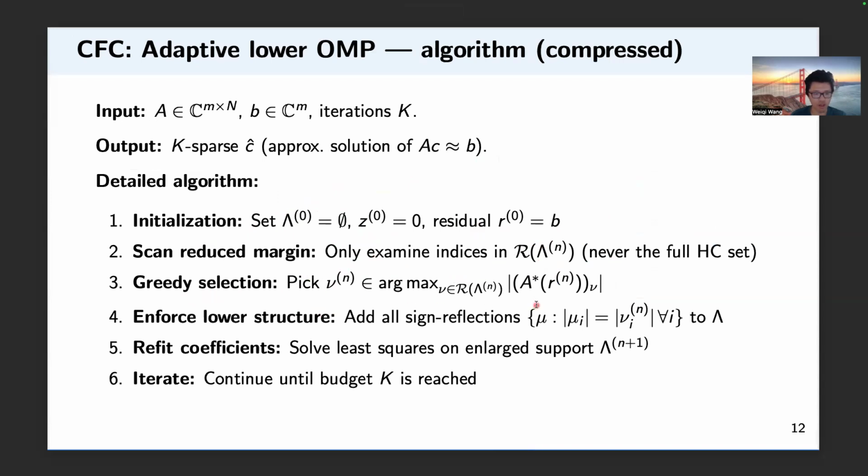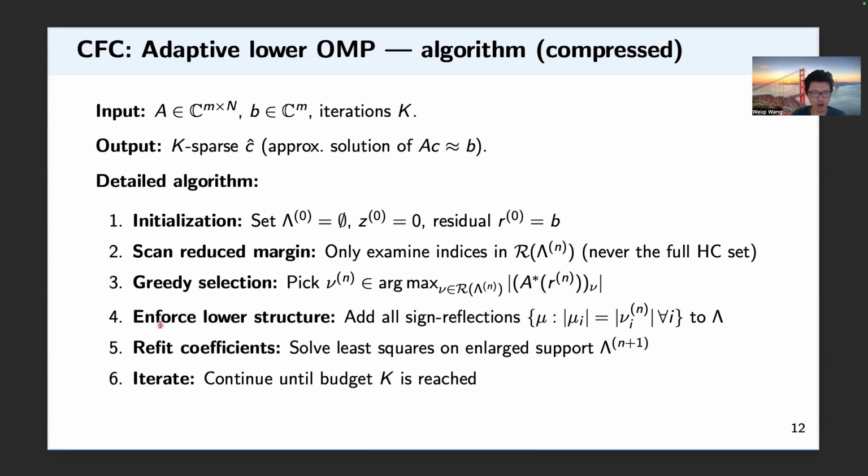We score the candidates. For each candidate, we measure how much it explains the current residual. We use a simple correlation test here, and then we make a greedy selection by choosing the top one.